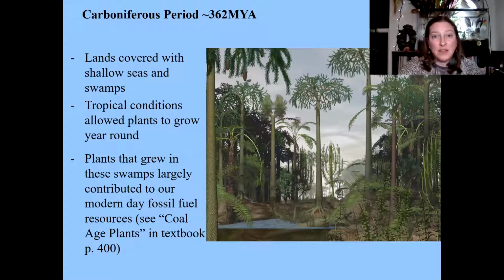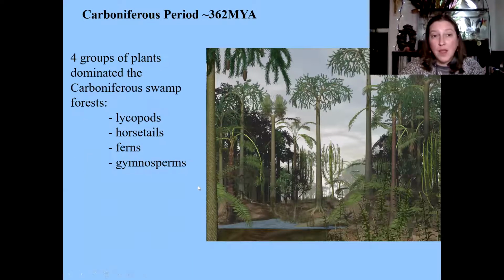Hence, you can think of why it's called the Carboniferous, right? Coal is made out of carbon. So a lot of our coal originates from organisms that lived during the Carboniferous period. If you want to learn more about that, you can look in the textbook on page 400, which talks about these plants and the coal that we get from them.